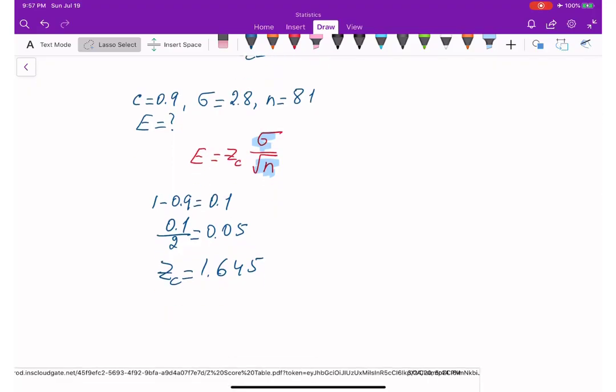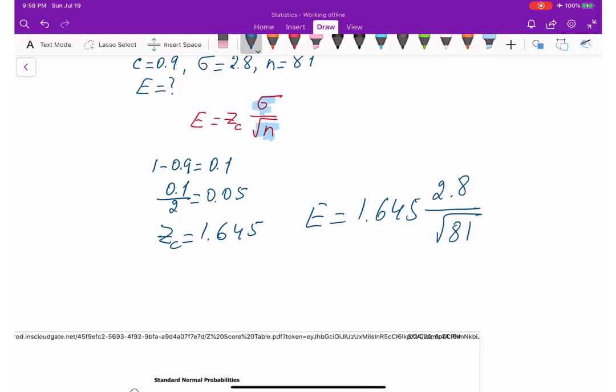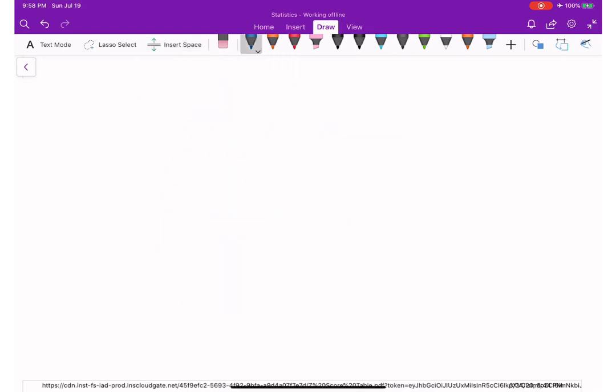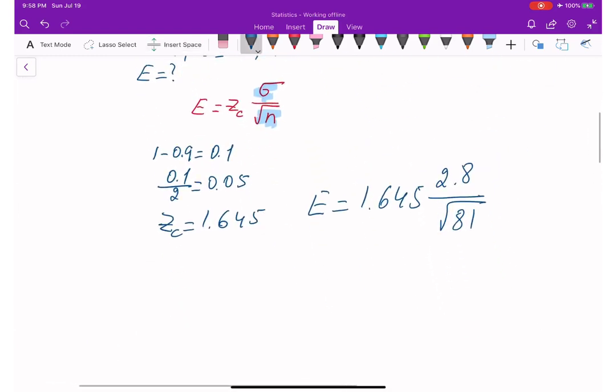So margin of error is equal 1.645 times sigma, which is 2.8, over square root of 81. So E is equal 1.645 times 2.8 divided by 9.